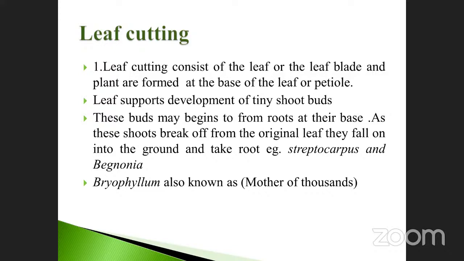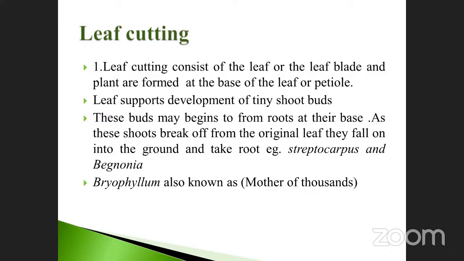How does it grow? There are small tiny buds present on the surface of the leaves, called small shoot buds. These shoot buds grow into an entire plant when they undergo the maturation process. After maturation, it detaches from the parent.